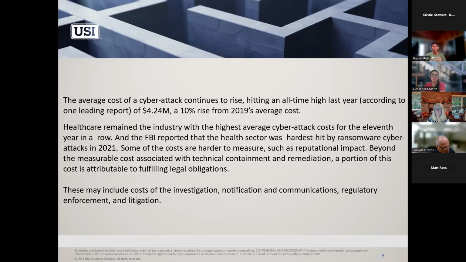It doesn't include any other communications, whether you've got to hire a PR person to help mitigate everything that's happening. And then if there are any regulatory fines, penalties, or fees, whether it's the state or the feds coming at you with penalties, and then you've got litigation.